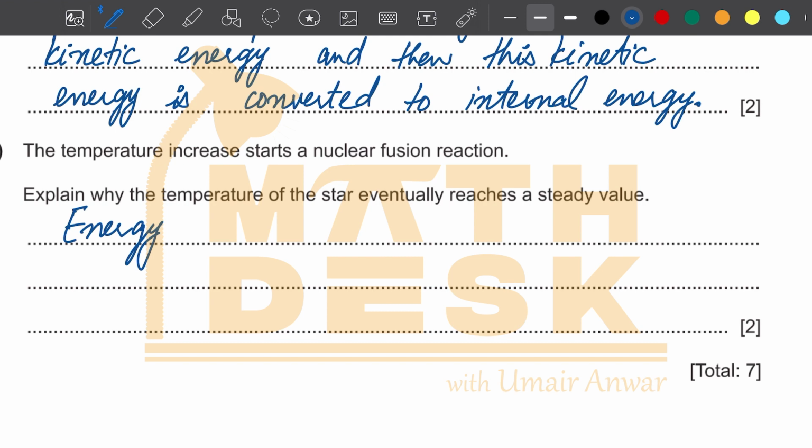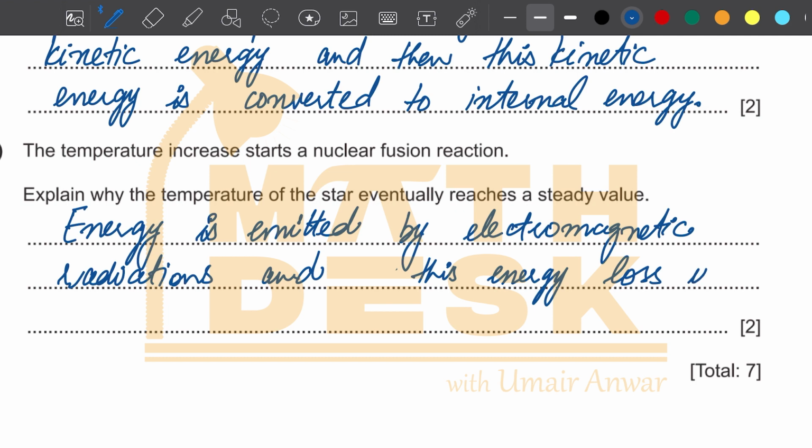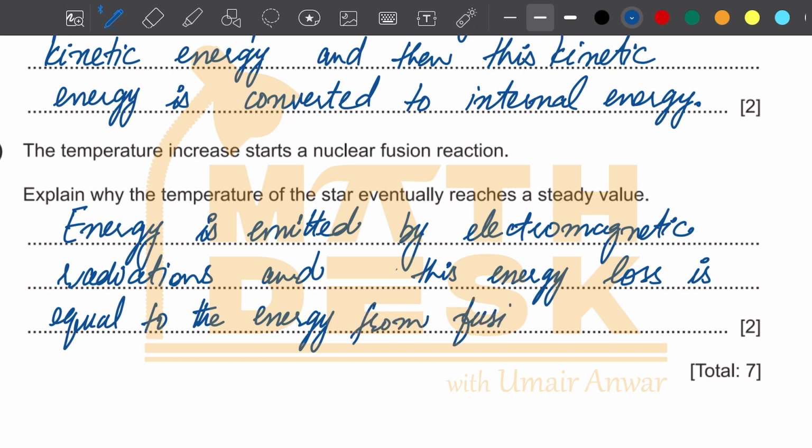Here the energy is emitted by electromagnetic radiations, and this energy loss is equal to the energy from fusion reactions.